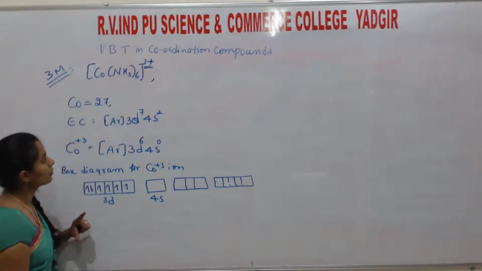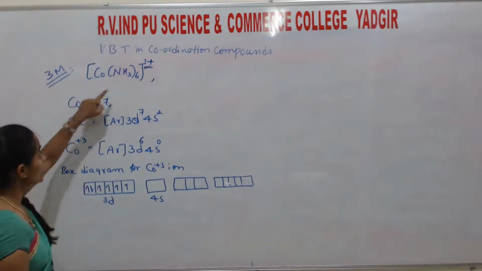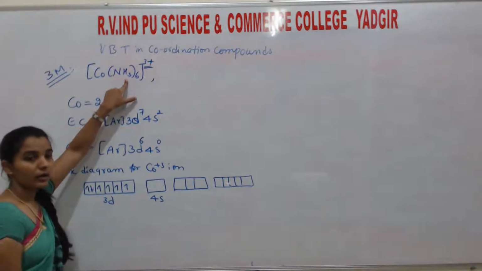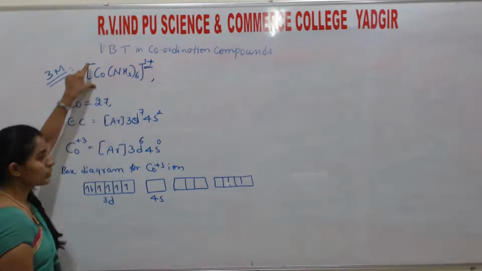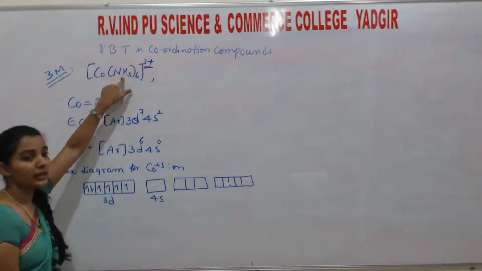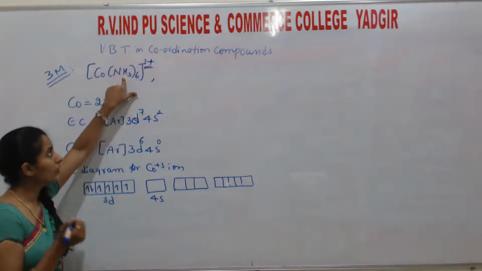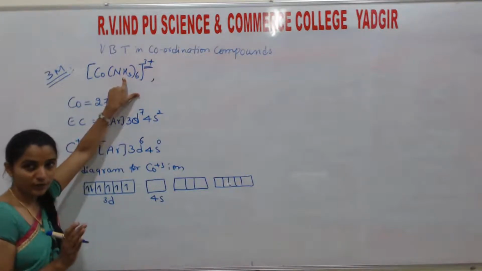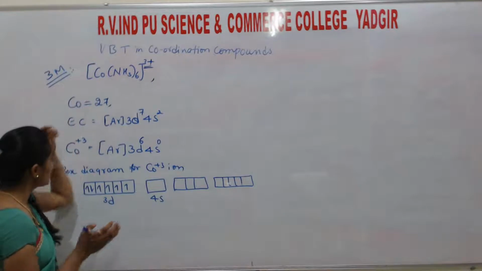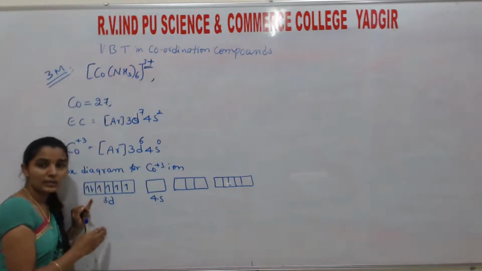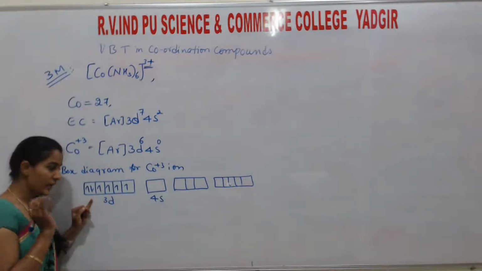Next you have to check, students, which ligand is attached and bonded to this cobalt atom. Which is the ligand here? NH3. Is NH3 a strong field ligand or weak field ligand? Strong field ligand. If it is a strong field ligand, pairing up takes place.